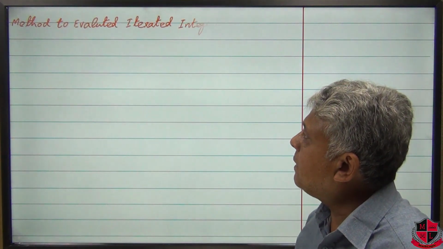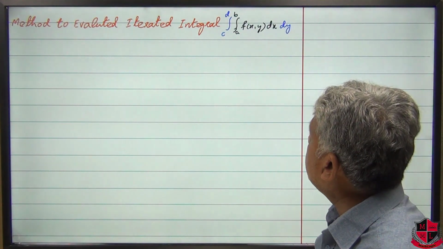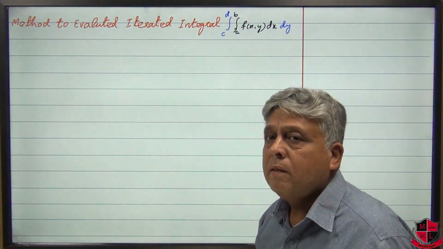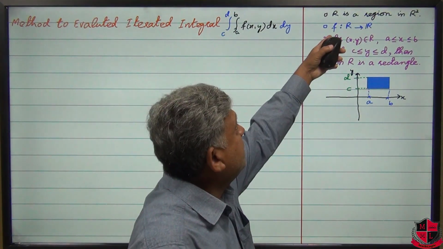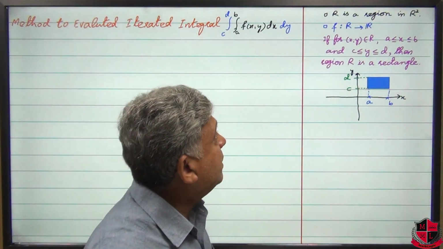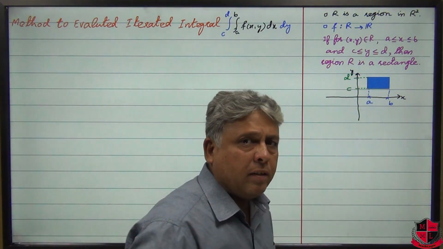So, the method to evaluate this partial definite integral. Remember that this iterated integral is defined for a function f over the region R when region R is a rectangle.